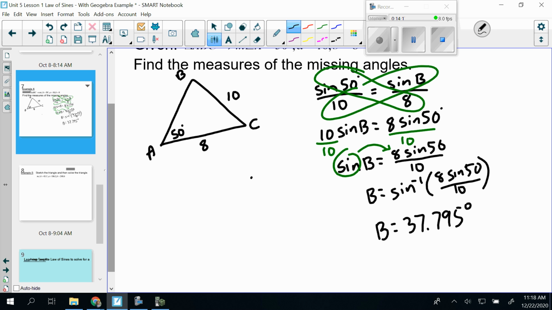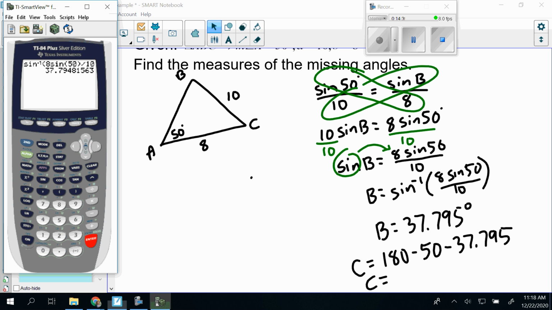So let's first find angle C in this case because this case should work. If we find angle C should now be 180 minus the 50 degrees minus 37.795.